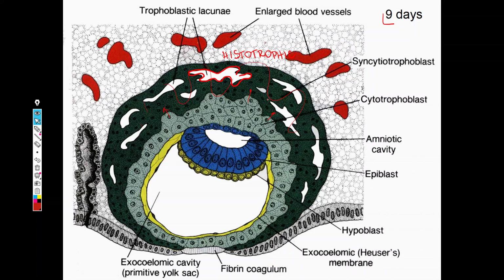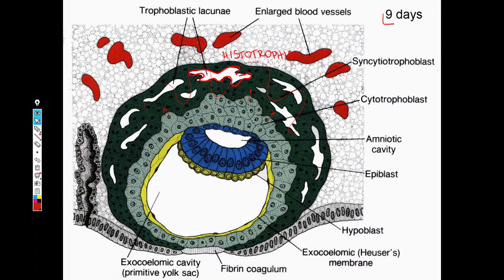So what's going to happen is that these maternal vessels will respond and they start to enlarge. And these capillaries that are in the uterus, they are normally in the uterus, in the wall, in the mucosa, they acquire the character of sinusoids. You're going to learn more about sinusoids in the next lectures.